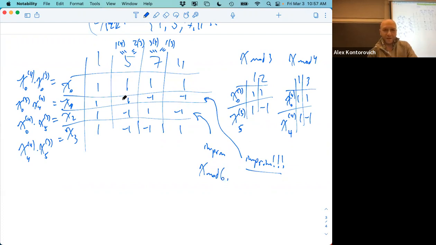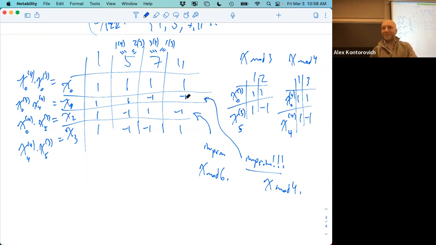This character is the character mod 4, extended to mod 12. This is a character mod 4, lifted to mod 12. It's 1 on the numbers that are 1 mod 4, and it's -1 on the numbers that are 3 mod 4.